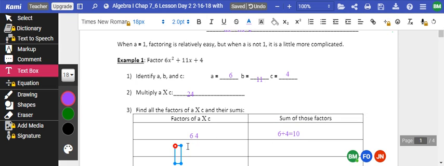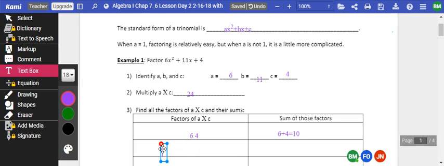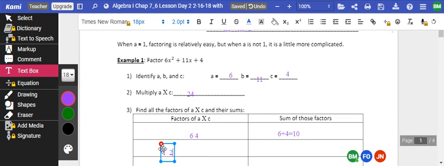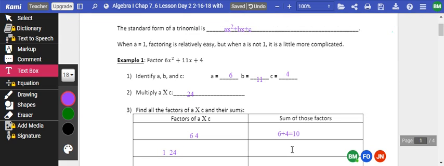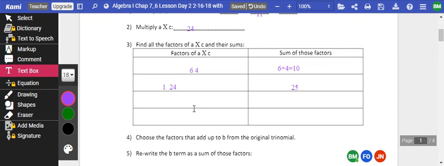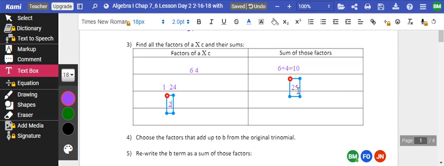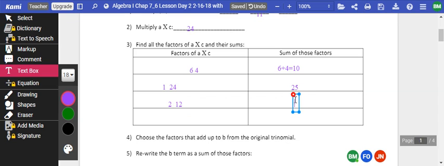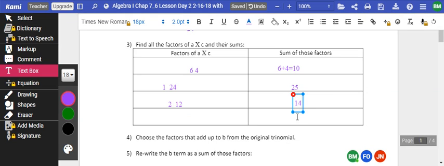All right, so we can do 1 and 24. That gives us 25. We can do 2 and 12. That gives us 14. Again, not 11.